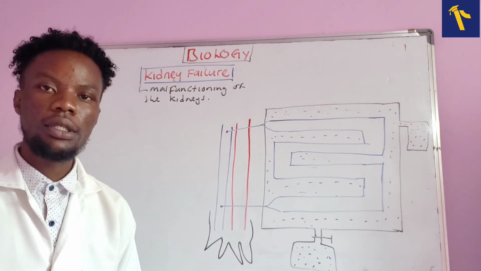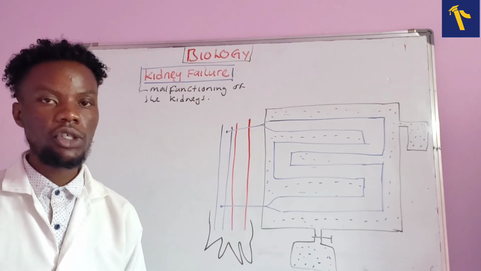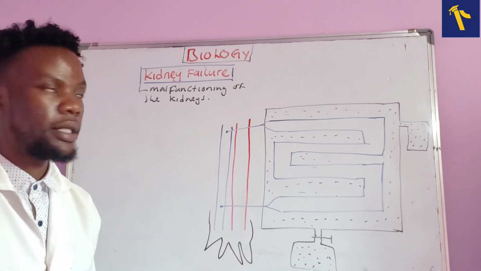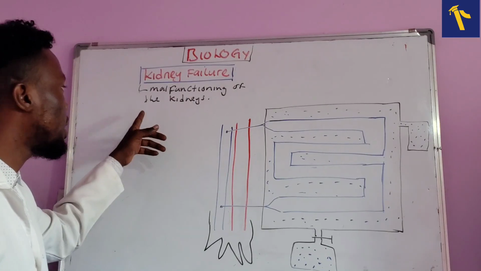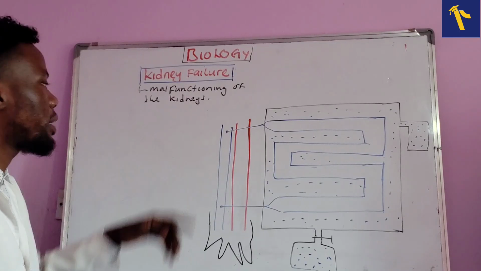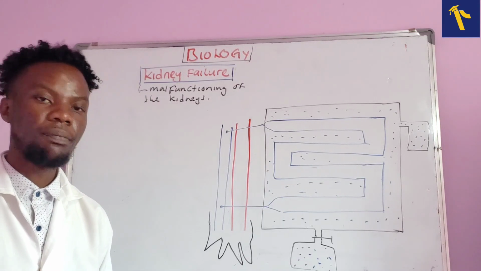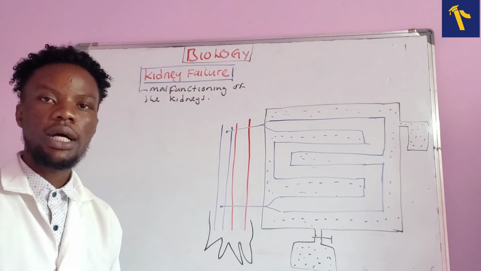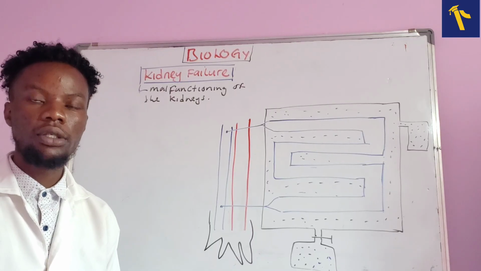The function of the kidney is to remove urine from the body. Make sure that you remember that. Now, if the kidneys are not removing urine, meaning that they are malfunctioning, basically someone is having what we call kidney failure. Now, the question that you can ask is, what could cause this malfunctioning of the kidneys?